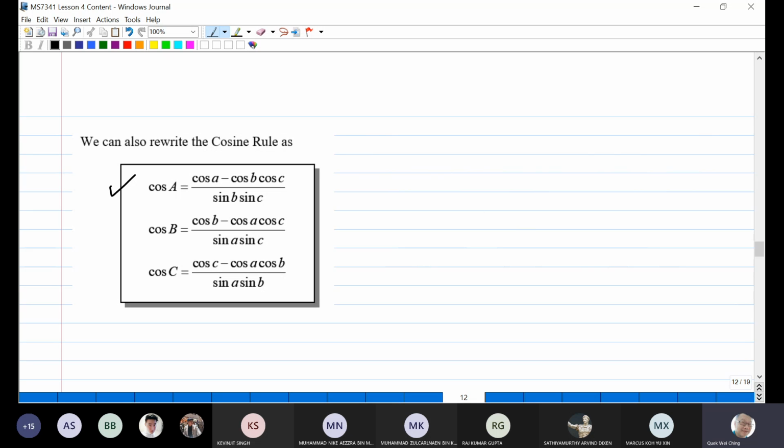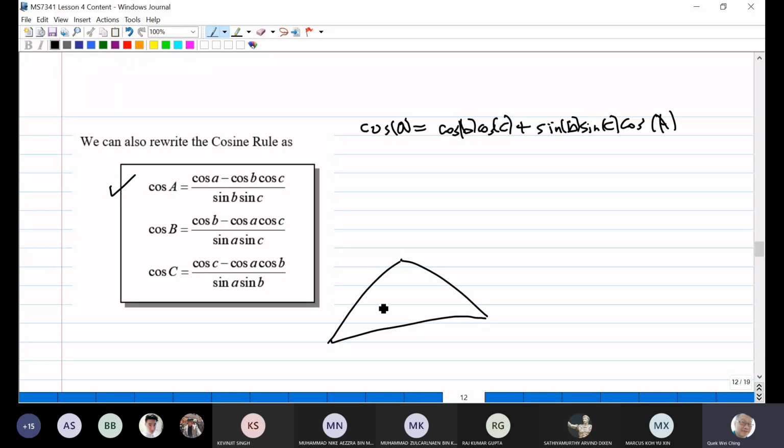We start with cosine side A equal to cosine side B cosine side C plus sine side B sine side C cosine angle A. This is for a spherical triangle, if you draw it this way, spherical triangle ABC with side A, side B, side C.